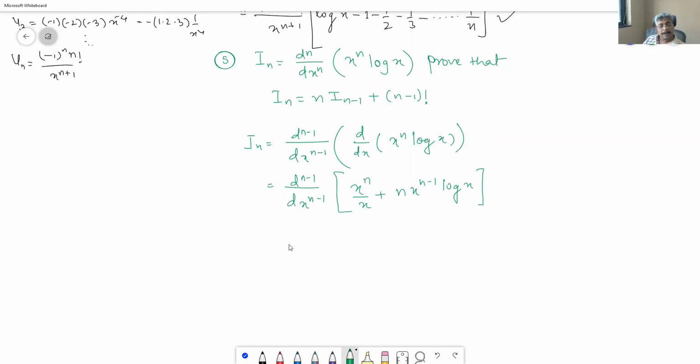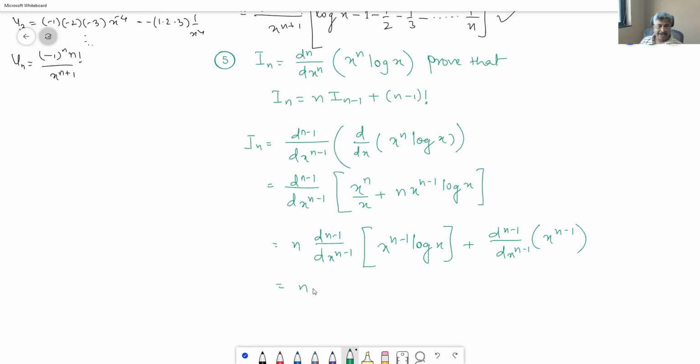Okay. So now you can actually split them, which is n times d n minus 1 upon dx raised to n minus 1 of x raised to n minus 1 log x, plus the n minus 1th derivative of x raised to n minus 1.